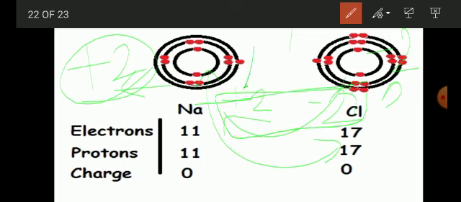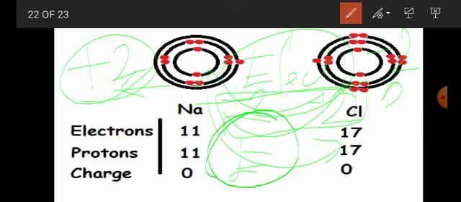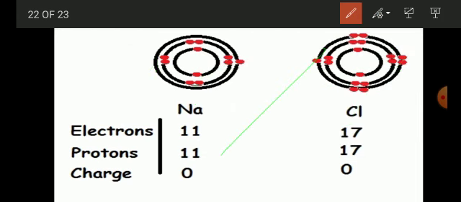So this is what your electron transfer method is all about, right? I guess you all understood it very well. These are some examples so you can understand better about your redox reaction.